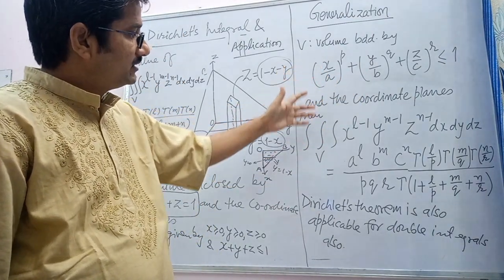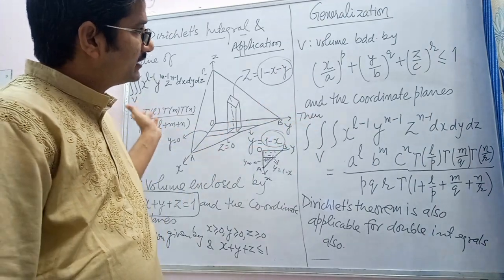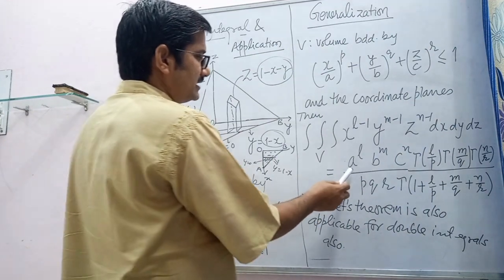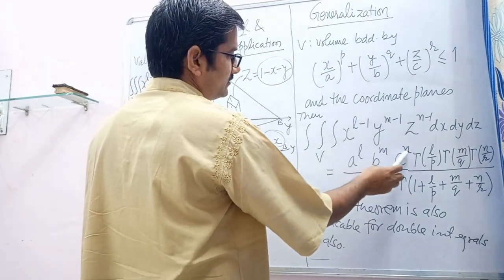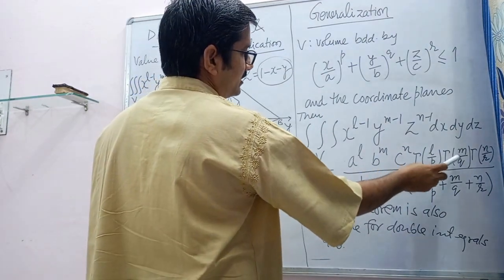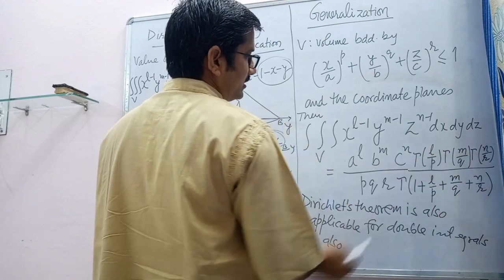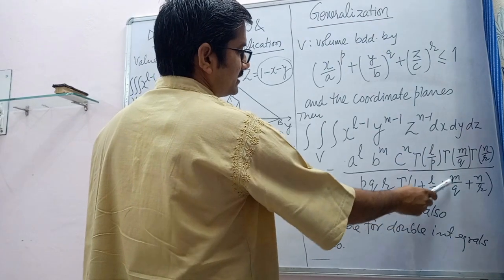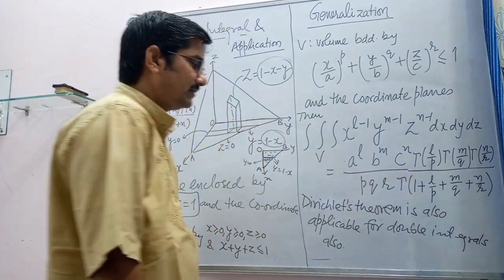So the value of the same integral over a different but generalized surface can be written as a to the power l, b to the power m, c to the power n, gamma l upon p into gamma m upon q into gamma n upon r, divided by p, q, r, gamma of 1 plus l upon p plus m upon q plus n upon r.